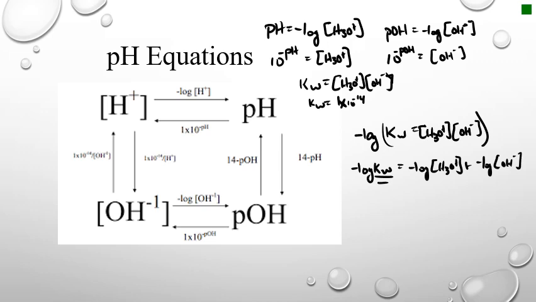So the Kw always having that value of 1 times 10 to the minus 14th, if I take the negative log of 1 times 10 to the minus 14th, that is equal to 14.